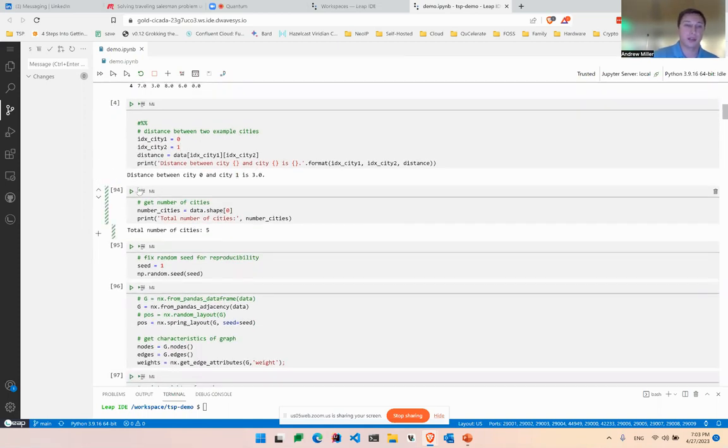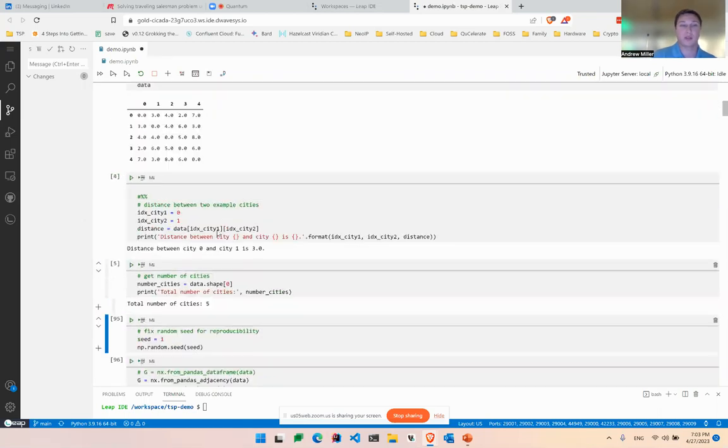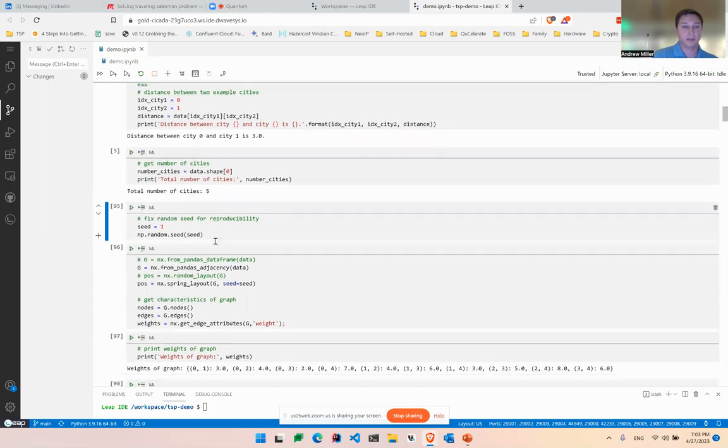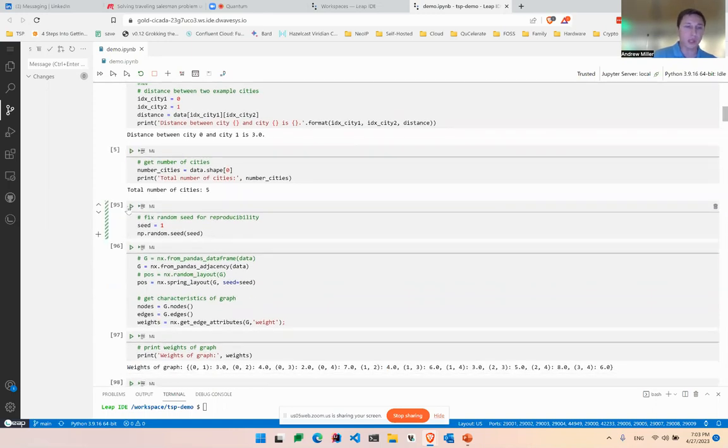We can also count the number of cities in this example. That's very simple. There's only 5 of them. We fix the seed so that we have reproducible results for simulated annealing, because simulated annealing, like I said, uses randomness. And so if you want to see repeatable results, you want to basically have the same seed.